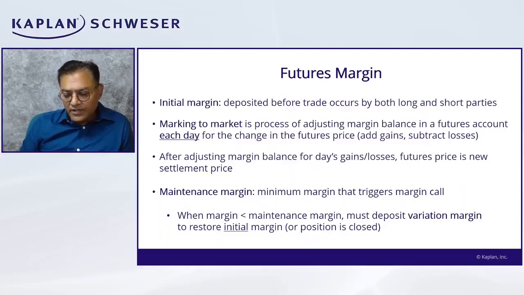Marking to market, at the end of the day, any gains are credited to the margin account, any losses are debited to the margin account, and your margin balance is appropriately adjusted. If the adjusted margin balance falls below the maintenance margin requirement, then there is a margin call, and the additional deposit is called the variation margin.